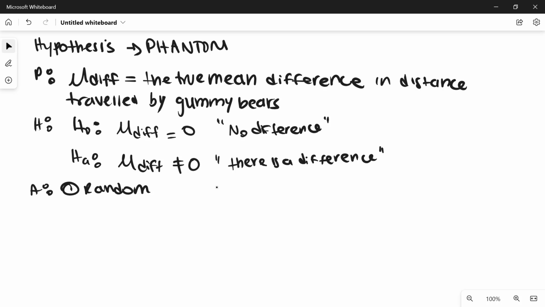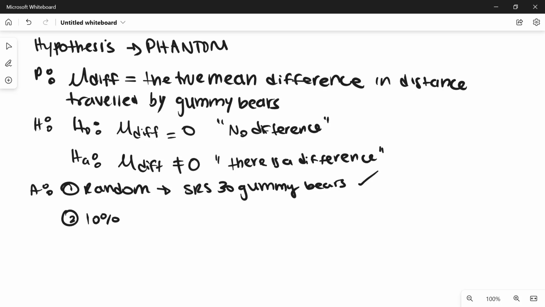In my experiment, it was an SRS, a simple random sample of 30 gummy bears, because we got 30 random gummy bears from a bag. So that condition is checked.